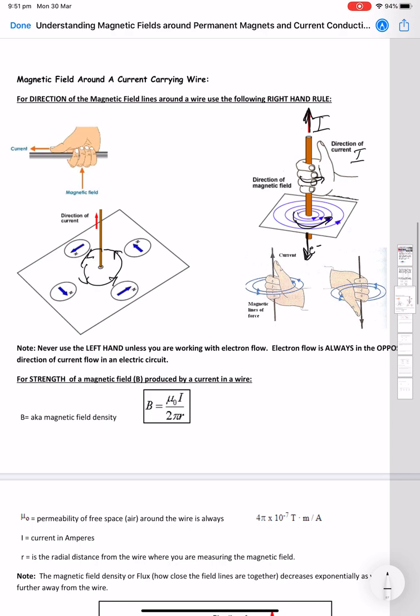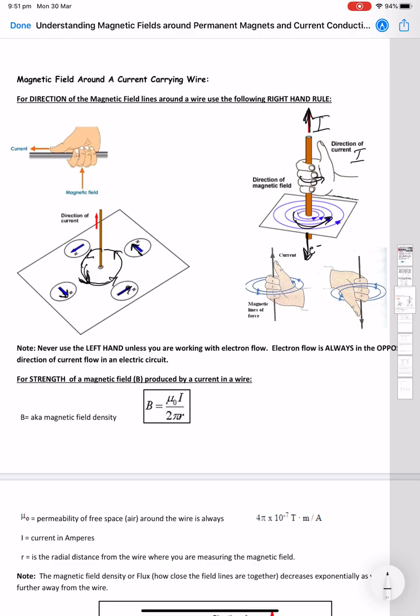And so you can see why this compass needle is pointing in this direction, and each of these is pointing in the direction of the magnetic field that's rotating around this current conducting wire.